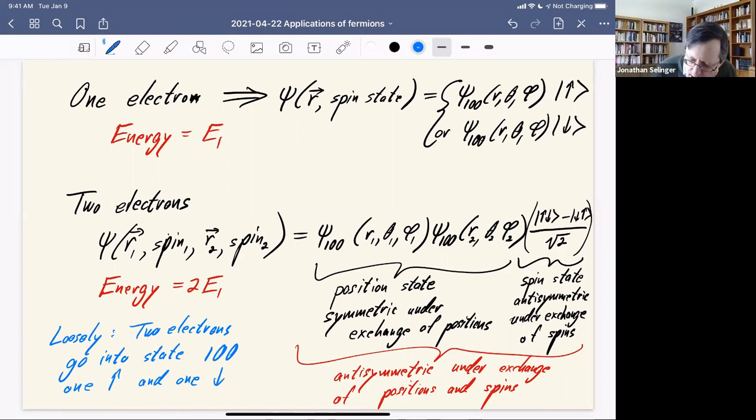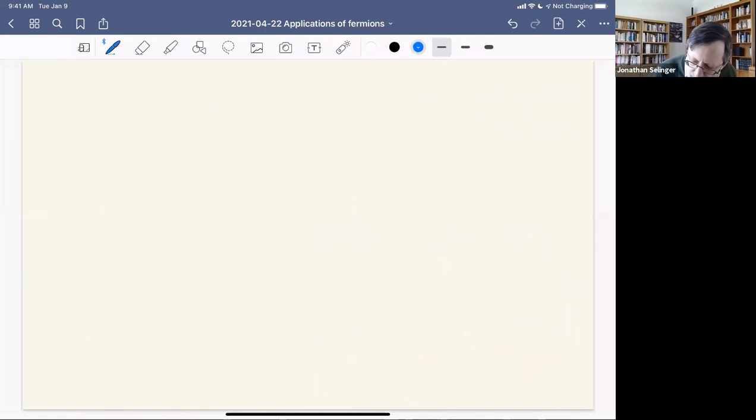All right, what about with 3 electrons? Okay. So for 3 electrons, it is no longer possible to put all the electrons into n equals 1 states.